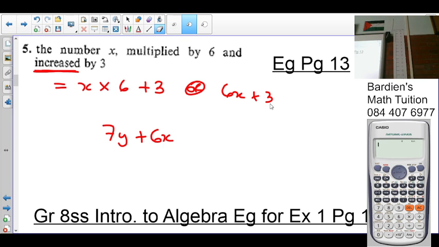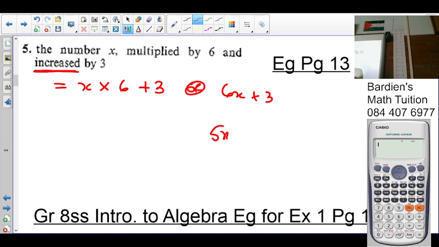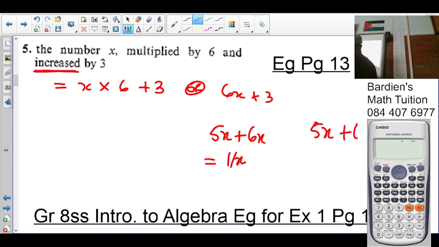You guys understand? If you got 5x plus 6x, what is it? 11x. Can you see that's now like terms? What is 5x plus 6x squared? Is the variable the same?